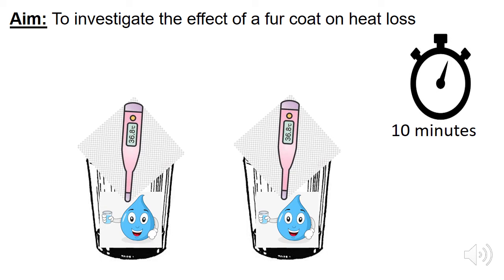Now, I understand that for some of you, you might not have access to a thermometer, and that's not a problem. You could still do a simpler version of this experiment. You can do the same thing, but this time you will use your fingers to test the temperature of the water. Make sure that you're not using boiling water, but you'll use your fingers to record that the water is hot and roughly the same at the beginning.